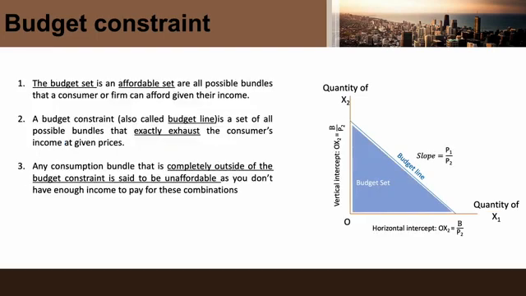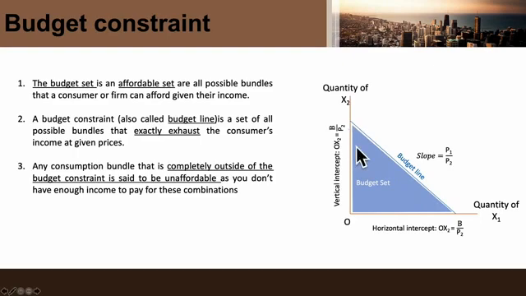This is simple. Now let's get back to the things we were talking about earlier about the budget set. Now this is the vertical intercept, this is the horizontal intercept, this is the budget line, this is the slope. Any expenditure within this line is possible and affordable.